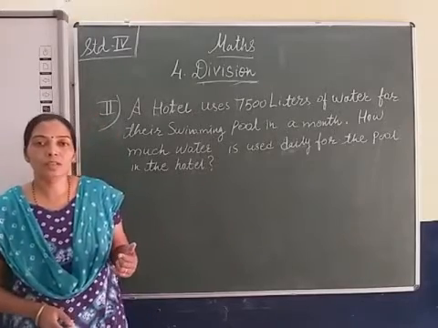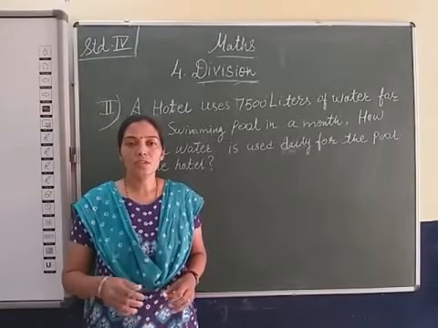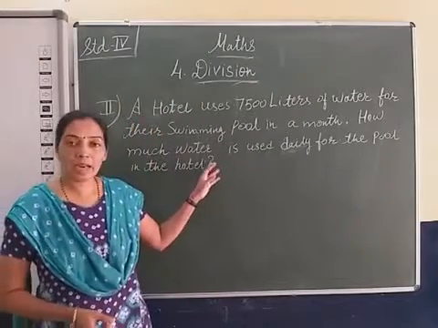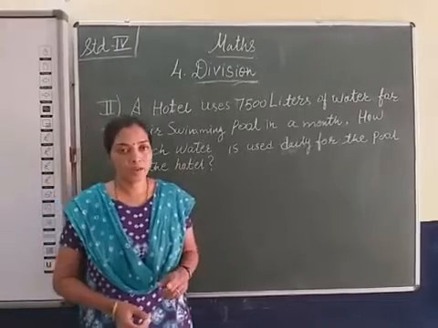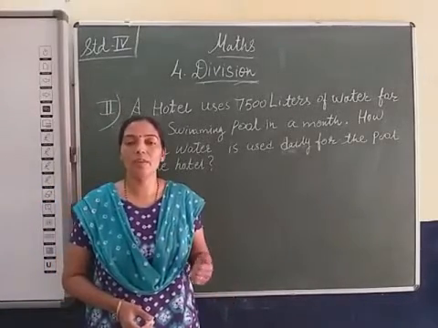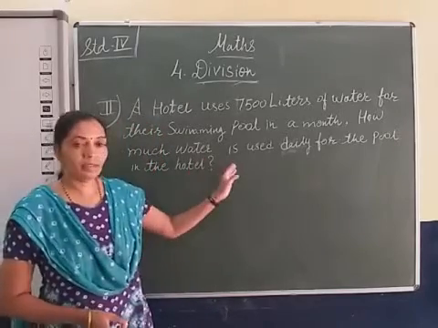A month means how many days? 30. Yes, so we divide by 30. So we get water for 1 day. How many liters of water do they use for 1 day? That we have to find out when we divide by 30.